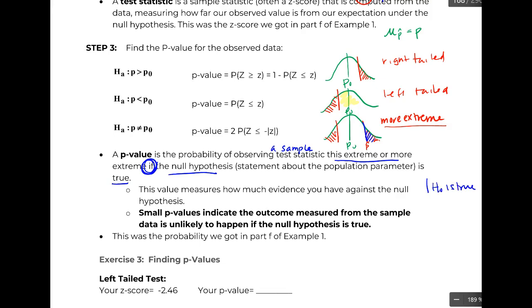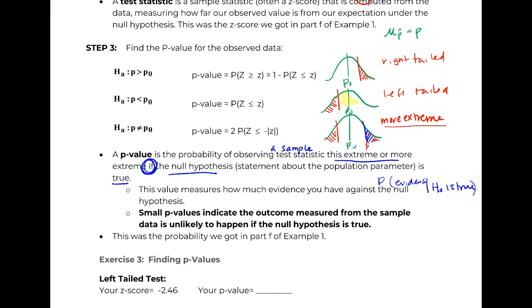This is where the court case example comes in. Assuming the guy is innocent, let's look at our evidence that we have. So this is basically, what's the probability that we have this evidence if he's actually innocent? Like, what's the probability we have his DNA at the scene and a motive or whatever if he's really innocent?